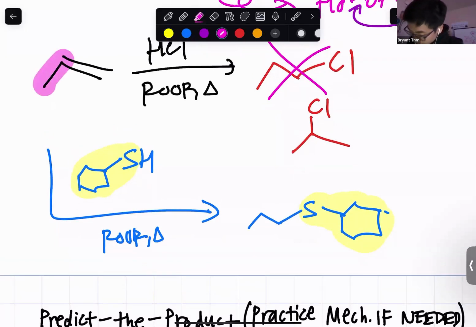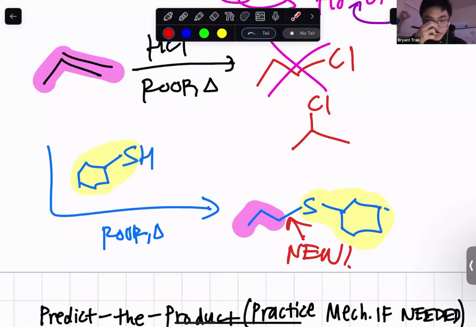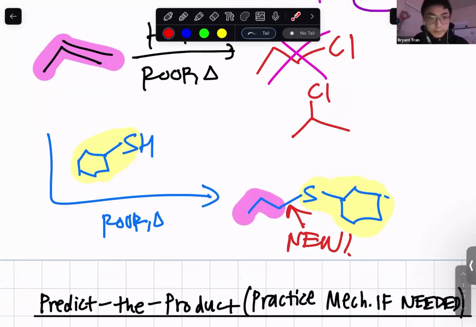And if I highlight this alkene in pink like that, that's that pink alkene right there, making this the new bond between the alkene and the SR. Okay.